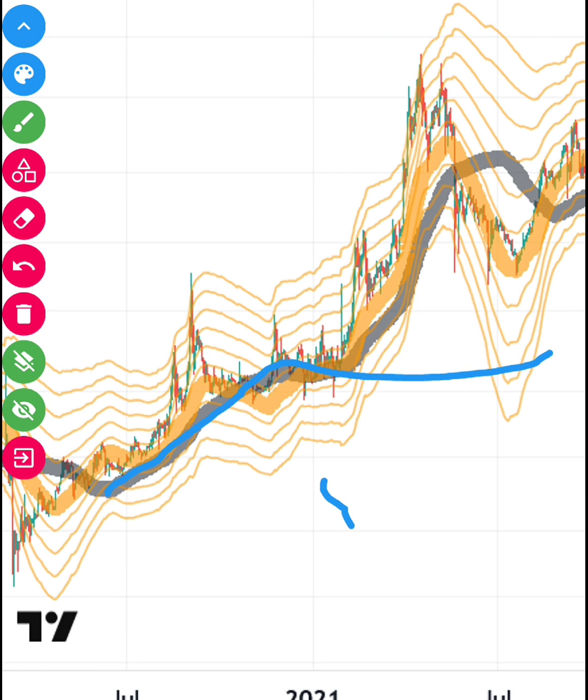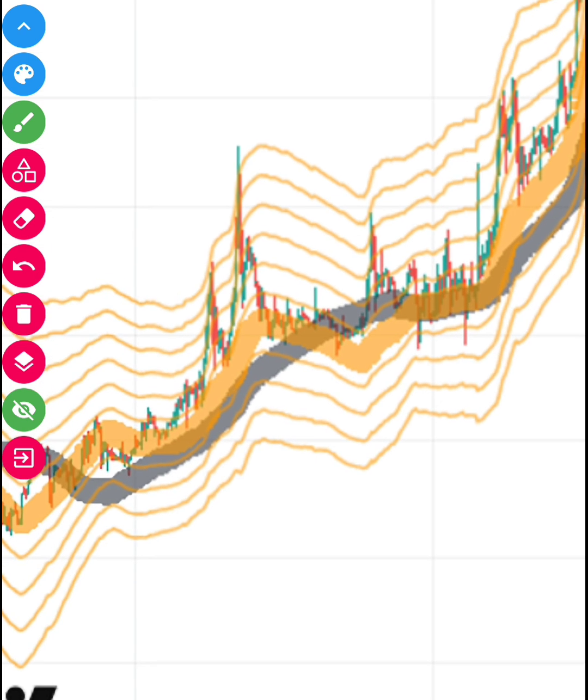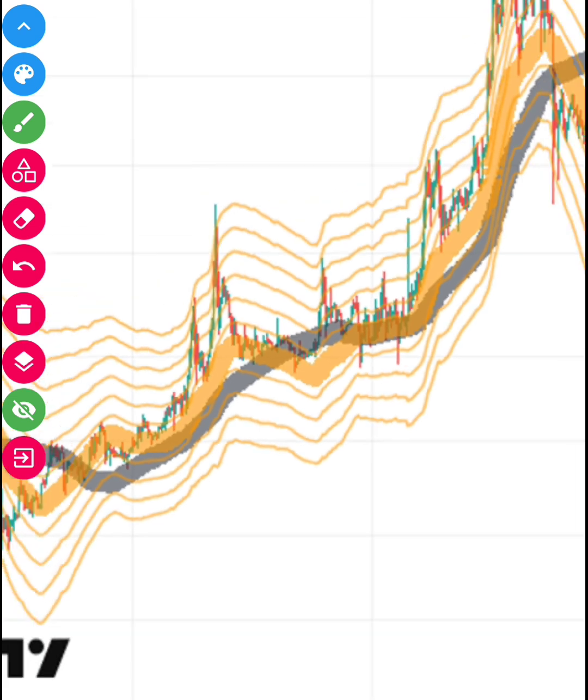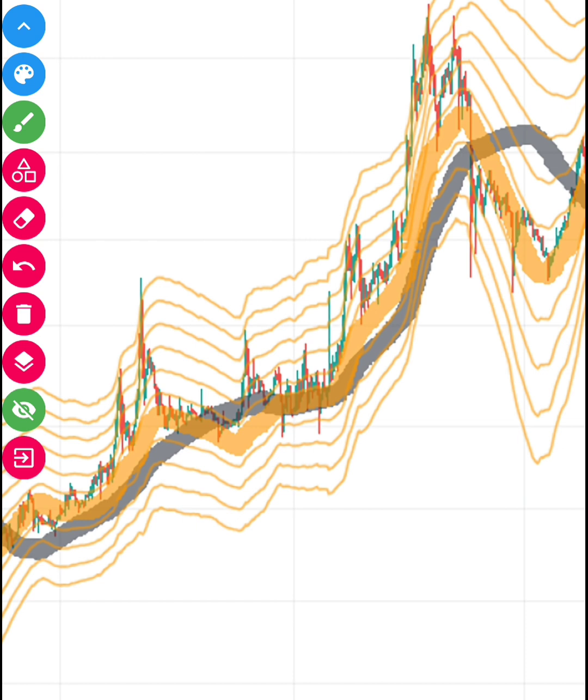And right where that black line covers over the orange, we see price moving into the black line, but really rejecting the orange line. That's very bullish, very bullish. And what ended up happening to that chart when it did that? Well, you see what it did from there. It went all the way up to that new high.